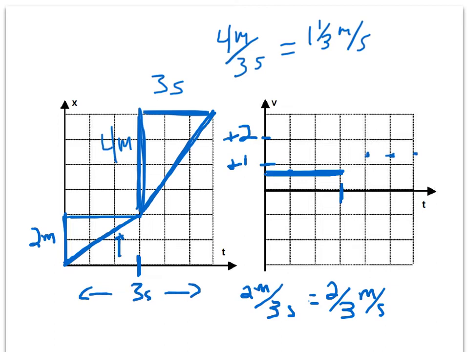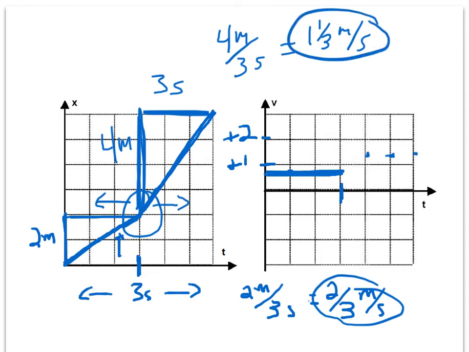Alright, so if you notice, at 3 seconds, that line changed instantaneously. So at 3 seconds, everything before 3 seconds was 2/3 of a meter per second. Everything after 3 seconds was 1 1/3. So that jump happened instantaneously. So my graph would look like that. 3 seconds was the changing point.